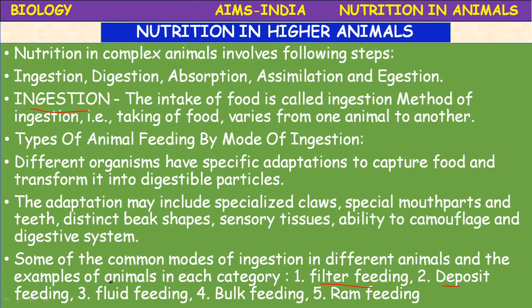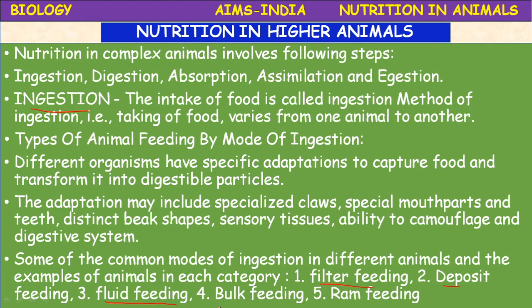Next, fluid feeders. Fluid feeding is one method. Fluid feeders thrive on nutrients obtained from the fluids of other organisms. The organisms can be hematophagous, which means they feed on blood.